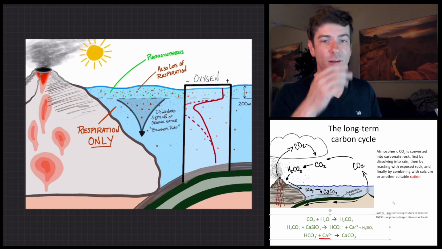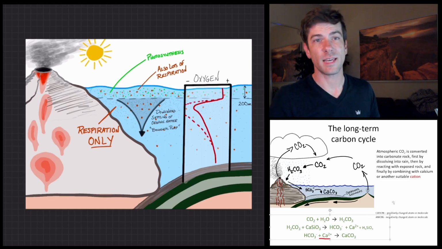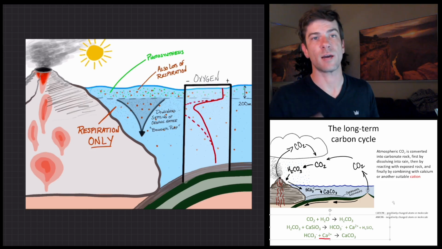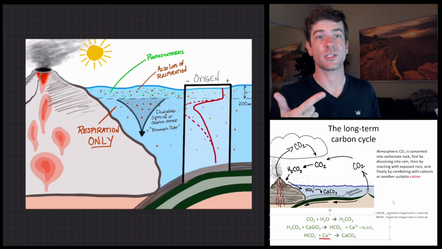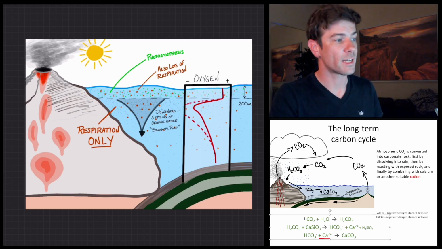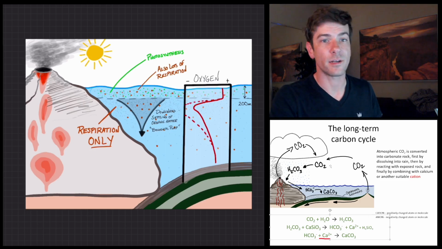And so you have the actual reaction itself taking place faster, and you have more places for the reaction to take place because you're creating more rain by evaporating more water in the atmosphere and then precipitating more. So you have more places for the reaction to take place, and the reaction is taking place faster. So chemical weathering accelerates when temperatures go up. And chemical weathering at the end of the day here takes CO2 out of the atmosphere and it turns it into rock.